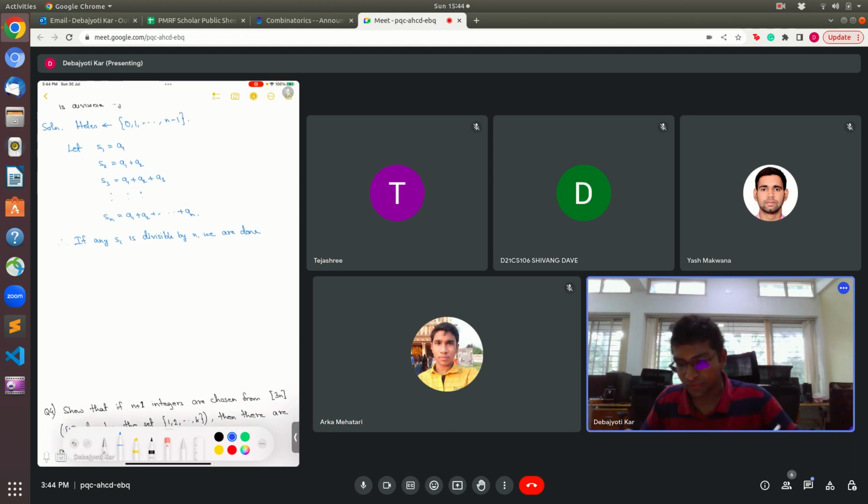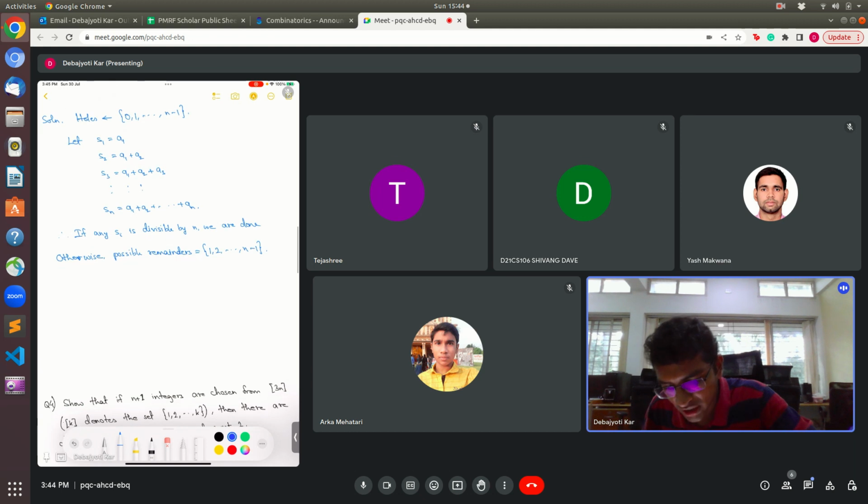Then if we divide these Si by n, what are the possible remainders? It has to be in this set 1, 2, 3 up to n minus 1. It cannot be 0, right? Because none of these numbers is divisible by n, so the remainder cannot be 0. It has to lie in this set.